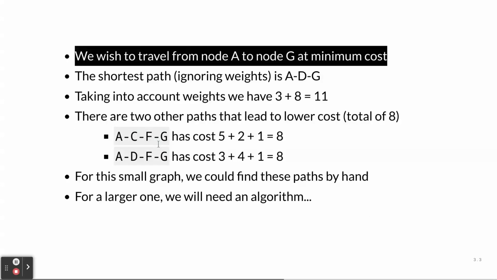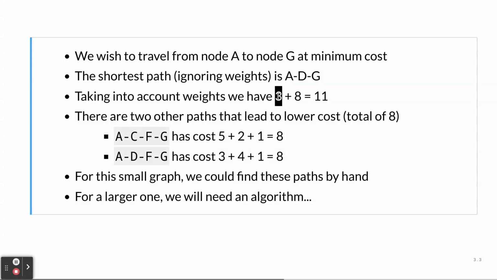However, if we take into account the weight of each edge, edge AD has a weight of 3, and edge DG has a weight of 8, so the total cost of path ADG would be 11. There are actually 2 other paths that have a lower total cost. One of them is ACFG, and the other is ADFG. If we add up the cost of each of the 3 edges along these paths, we get a total weight of 8.